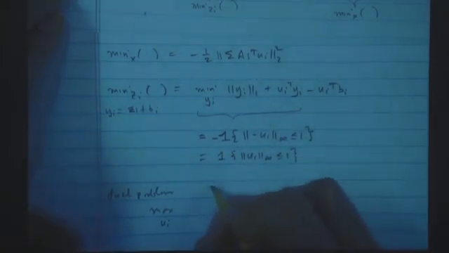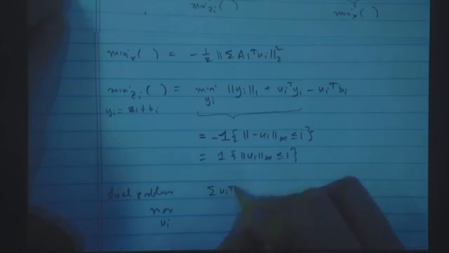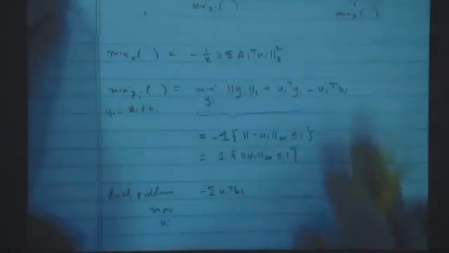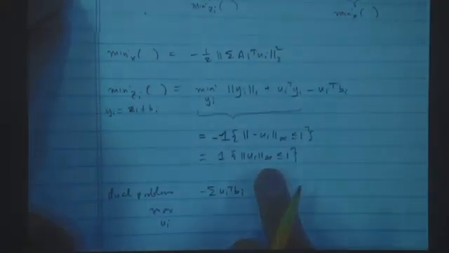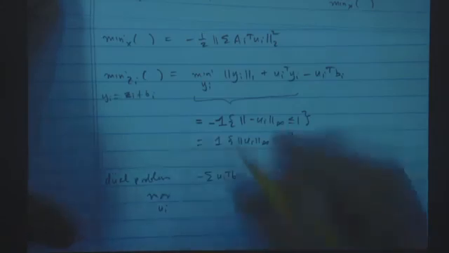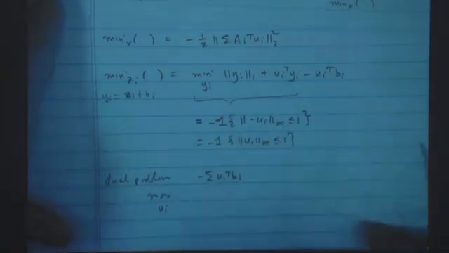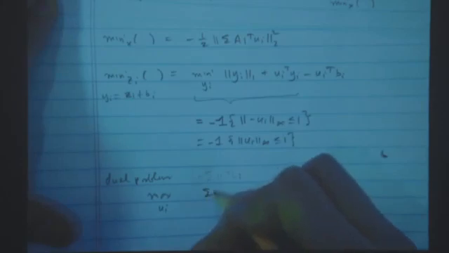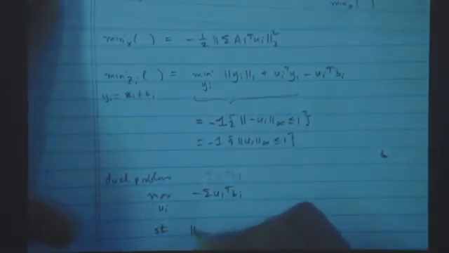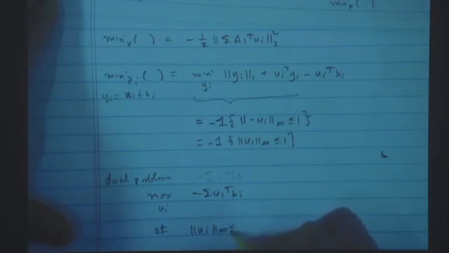We have these terms, ui transpose bi, minus, because we have one for each zi in the minimization, an indicator of this guy. But we can write that also as a constraint, rather than an indicator, subject to the infinity norm of ui less than or equal to 1 for all i.